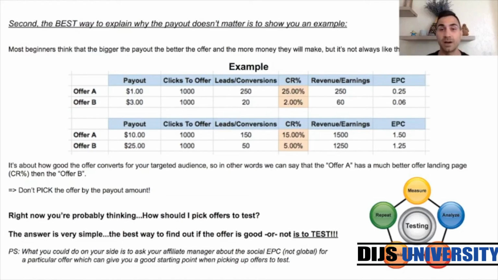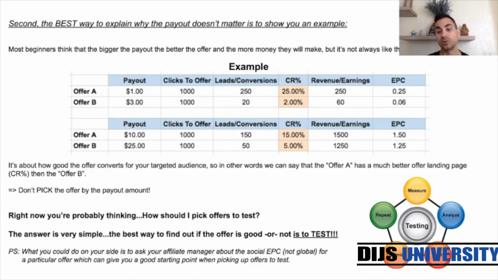This doesn't mean that you're going to get that. It depends on the affiliate manager if he wants to do that for you. But you can do that, and if you do that, you know that you've done the best you can from your side, right? So this is what you can do when you're picking the offers.